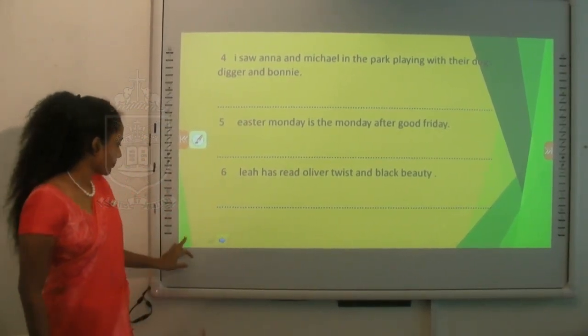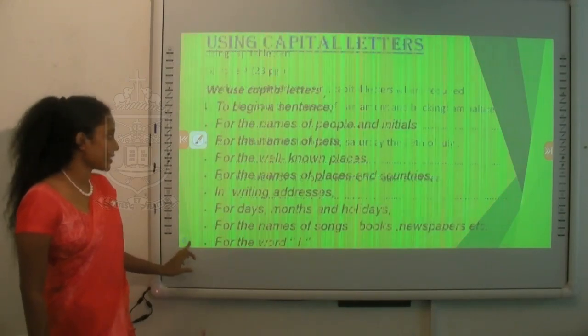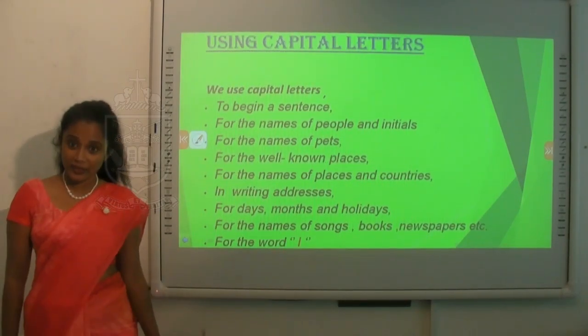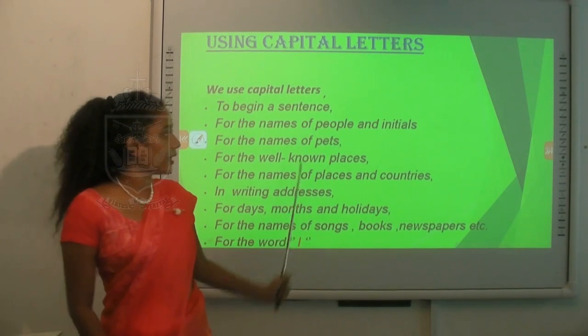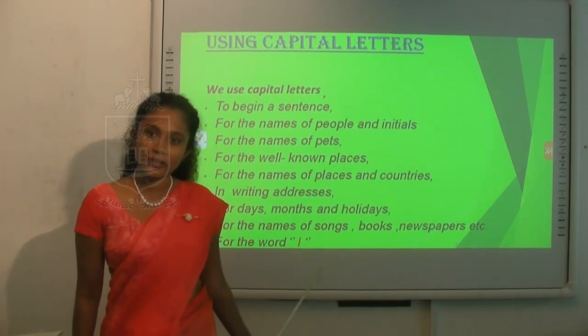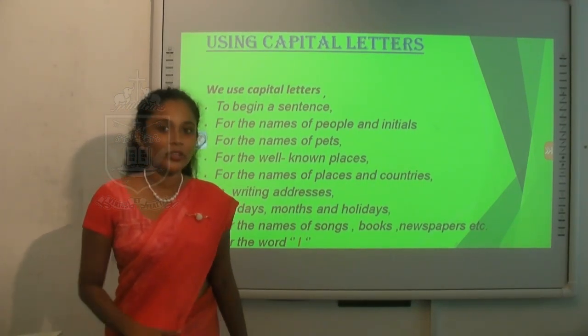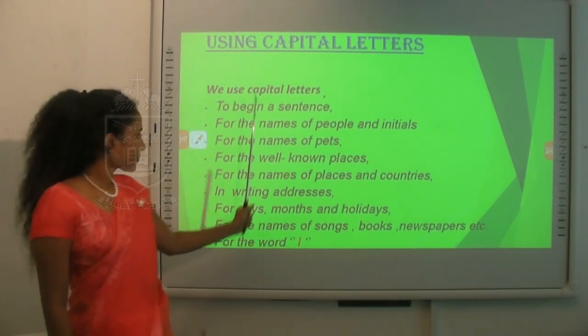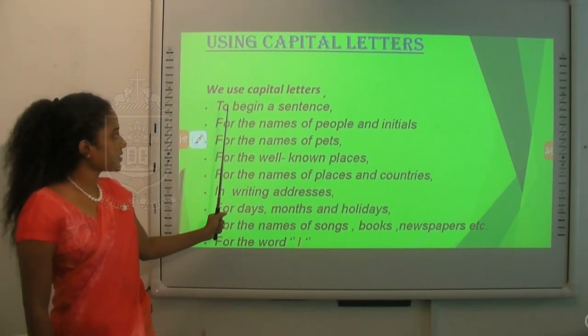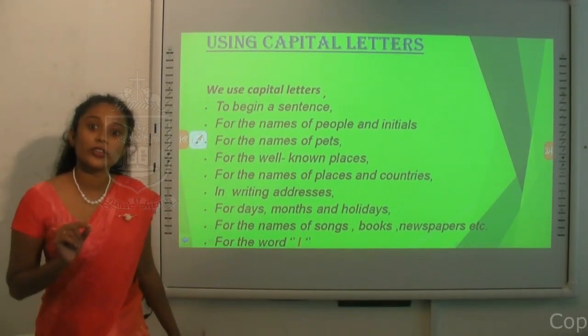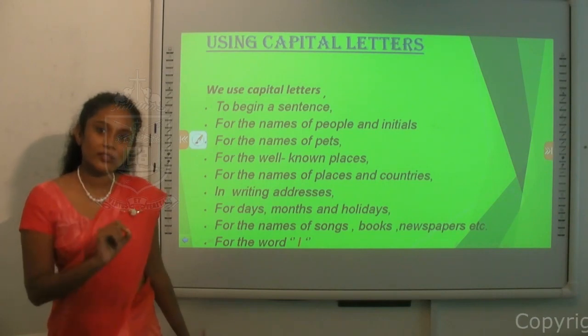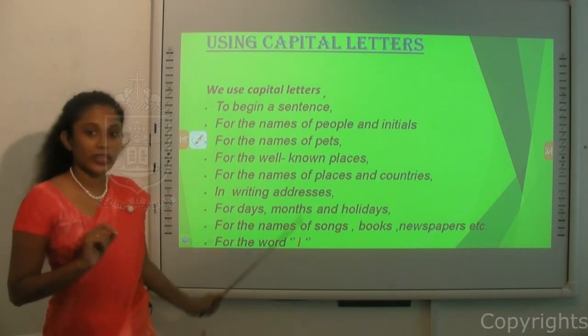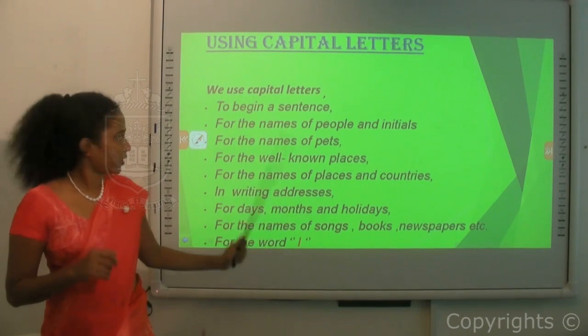Yes. So we learned using capital letters where it is necessary. So these are the places that you have to use capital letters, not everywhere, whether you like or not. So children, please follow these rules when you write a sentence, when you use English to write something. Okay?